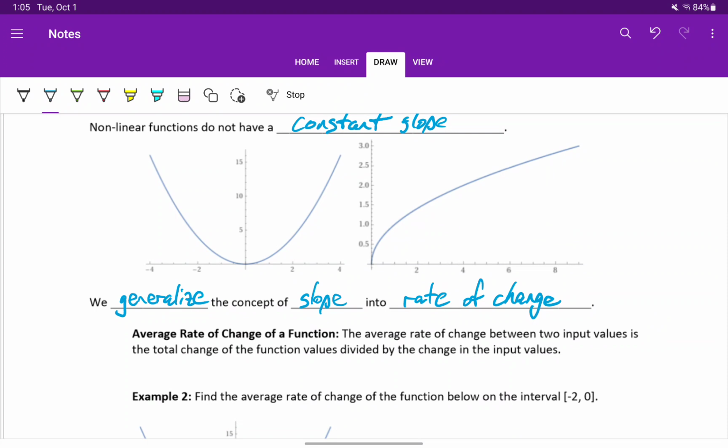To calculate the average rate of change of a function, we take two input values. The average rate of change between two input values is the total change of the function values divided by the change in the input values.